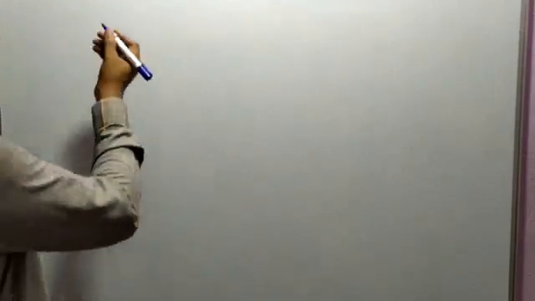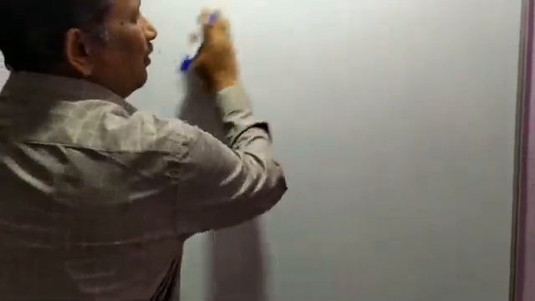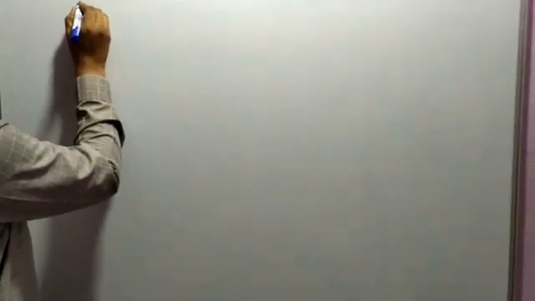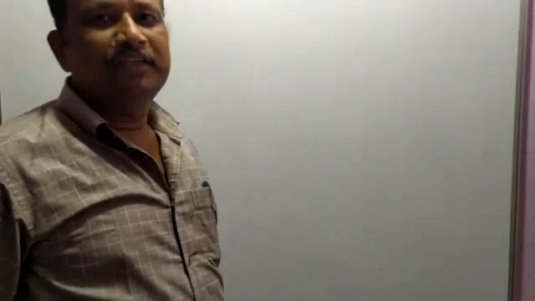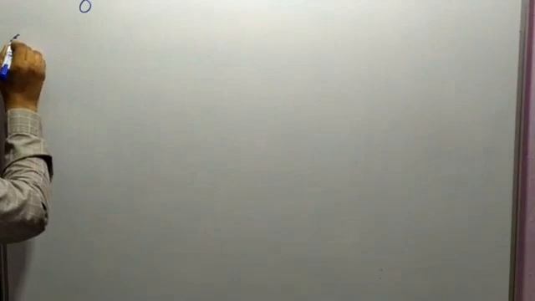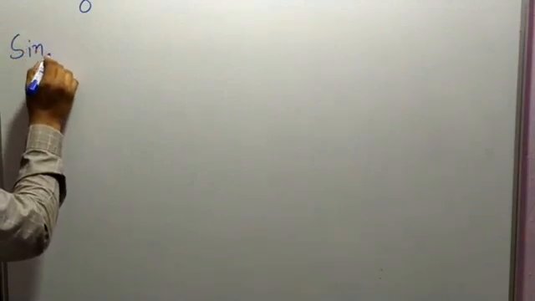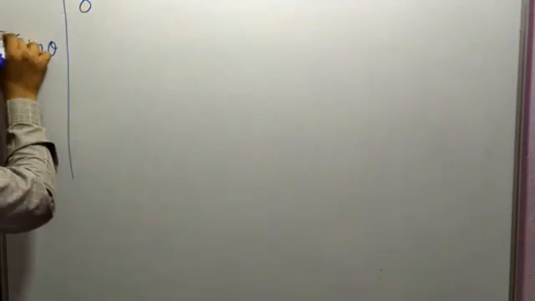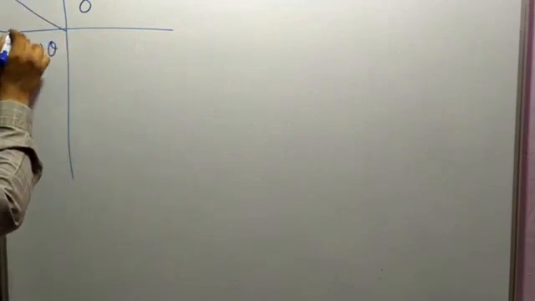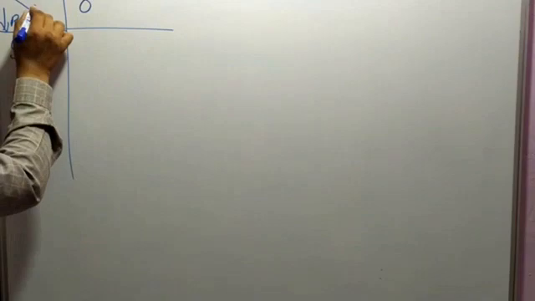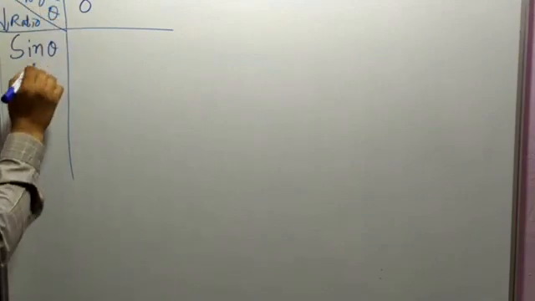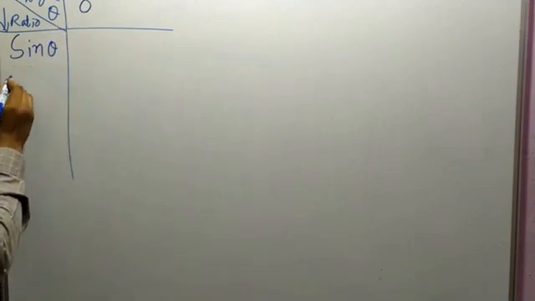First, 0 degrees. How will we get the 0 degree values of the trigonometric ratios? In this column it is the ratio, and this is the angle, theta. First sin theta: what is the value of sin 0 degrees?